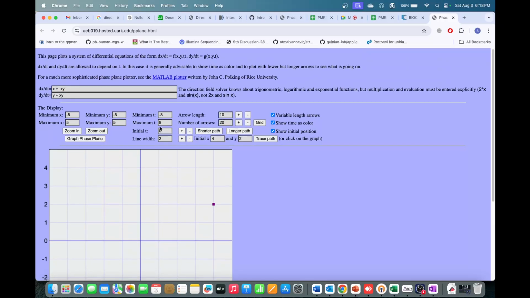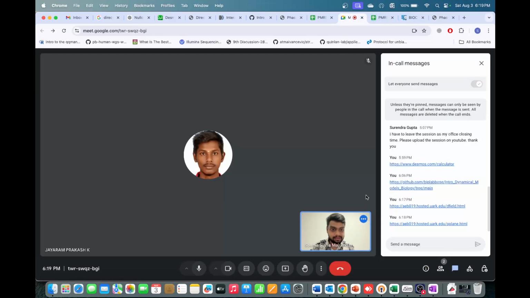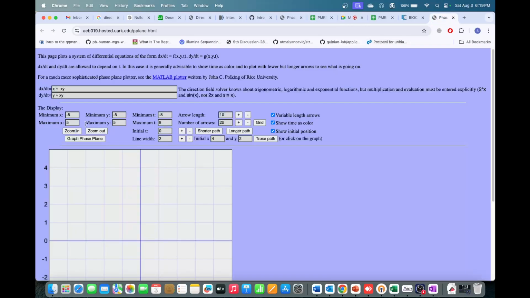And then you can try it. Can you open the link? Yes, I have opened it. There you can see you have to give how dx dt is looking, dy dt is looking, and then you click on graph phase plane. It will show you the phase plane.